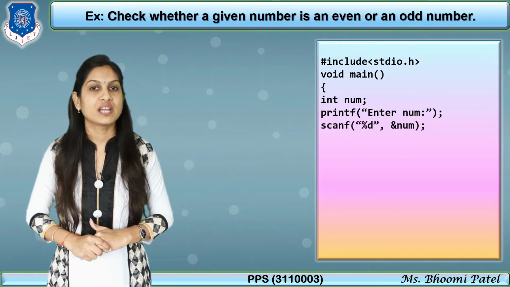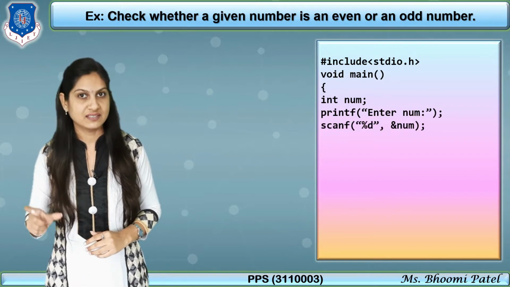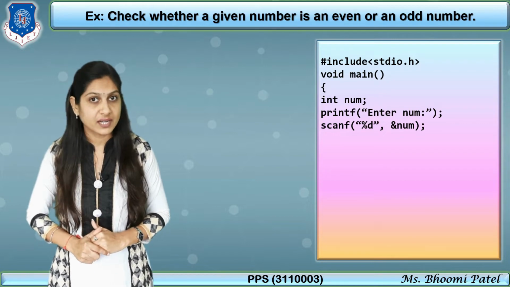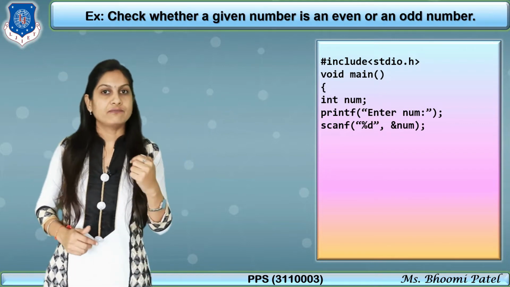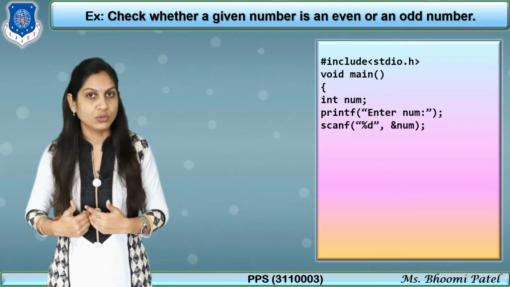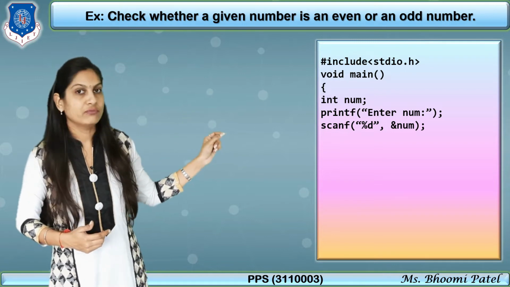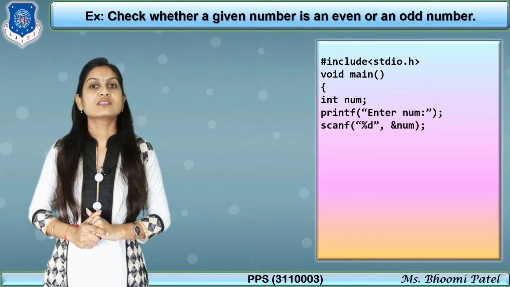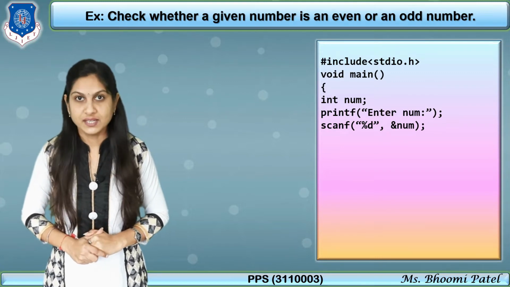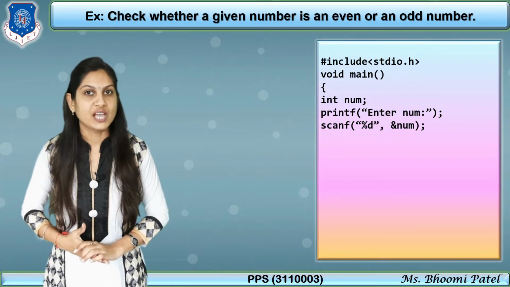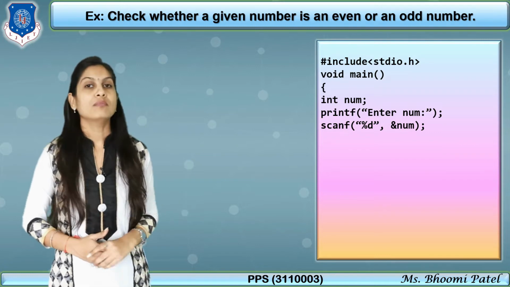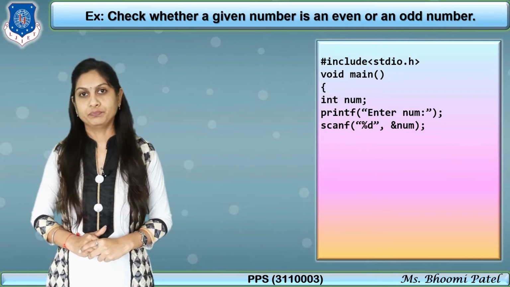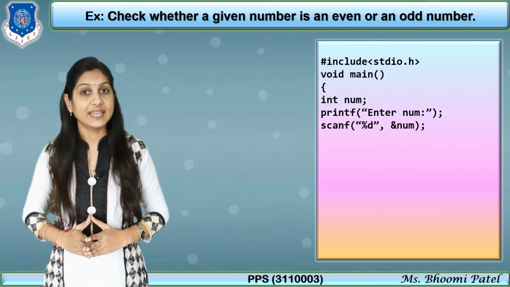In printf we write enter number, a message that is displayed on our screen, and after that the scanf function takes data from the user, and in scanf we write the %d control string, because the data type is integer, only once, and then a comma, ampersand num. So this is the input part.